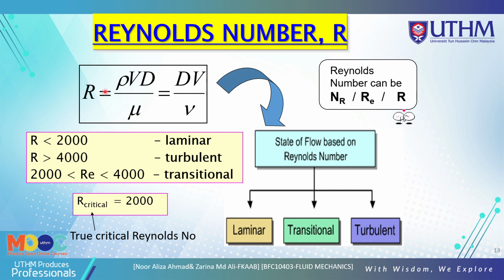Based on this formula, we can classify the state of flow as laminar, transitional, or turbulent. The transitional is between 2000 and 4000, less than 2000 is laminar, and more than 4000 is turbulent. So with this formula, we can know the state of flow.